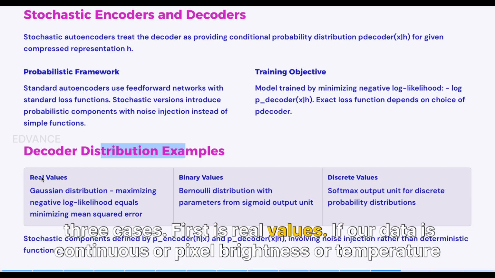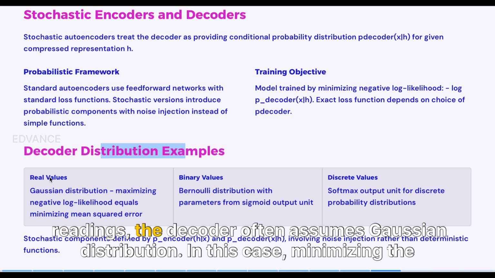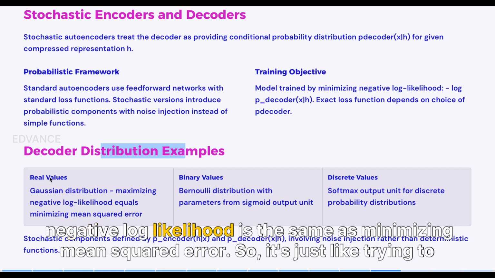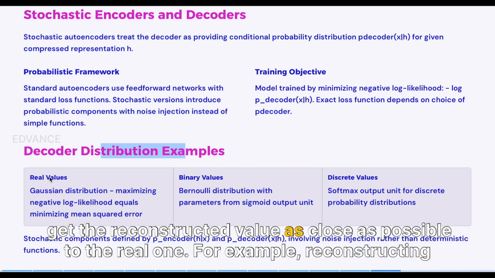First is real values. If our data is continuous, like pixel brightness or temperature readings, the decoder often assumes a Gaussian distribution. In this case, minimizing the negative log likelihood is the same as minimizing mean squared error. So it's just like trying to get the reconstructed value as close as possible to the real one.